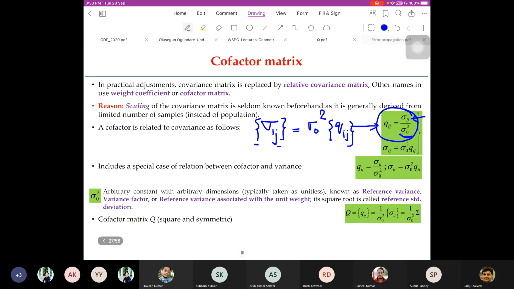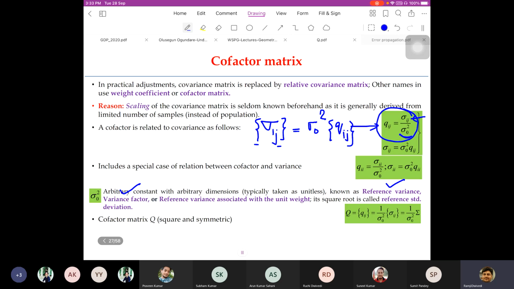Okay, I hope you get it. This sigma naught square is called the variance factor, reference variance, or reference variance associated with unit weight.